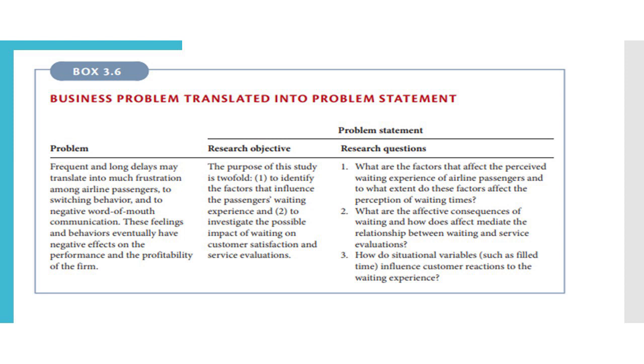So from this problem we have formulated a research objective, that is, the purpose of the study is to identify the factors that influence the passenger waiting experiences, and number two is to investigate the possible impact of waiting on customer satisfaction and service evaluation.